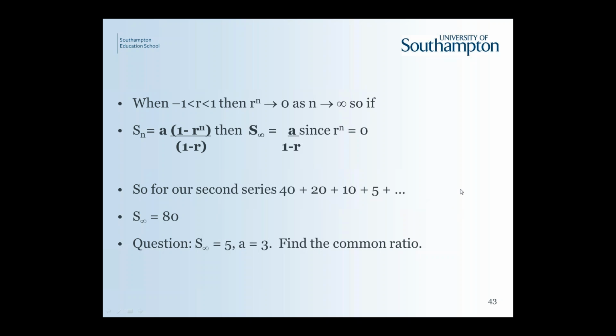Because those are getting smaller and smaller, we could say, okay, I've got 60, 70, 75, 77.5, and I am getting nearer and nearer. The limit of the sum is 80. And I can work that out by doing 40 over 1 minus r, which is a half. So 40 divided by a half is 80.